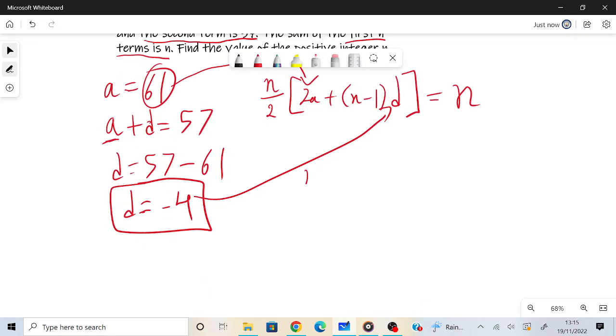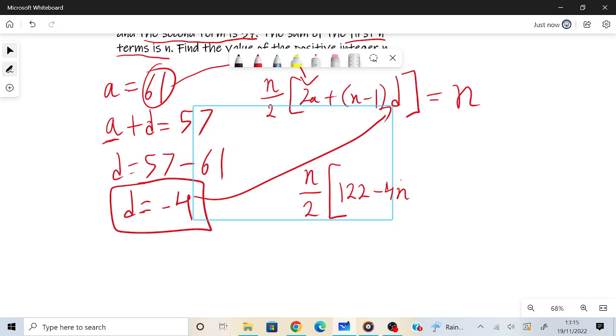So we will have n over 2 brackets 122 plus n minus 1 times minus 4, so this would be minus 4n plus 4, equals n.